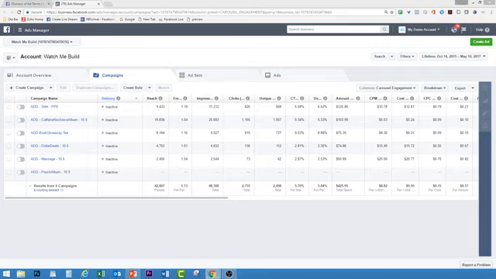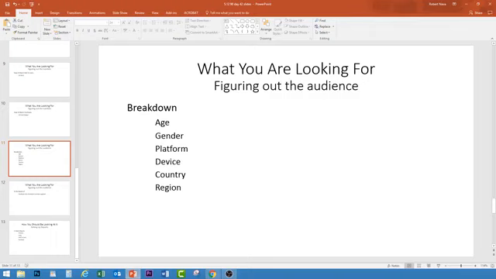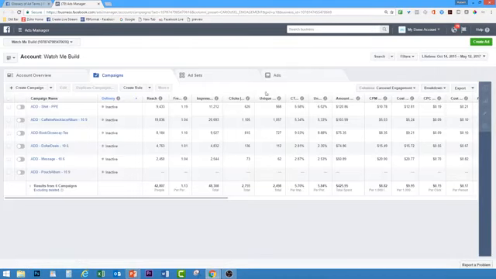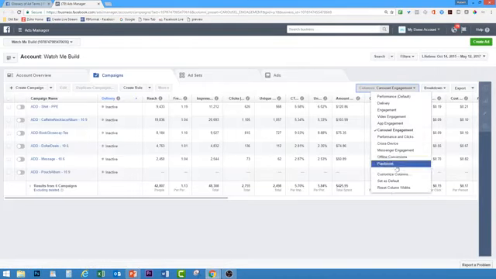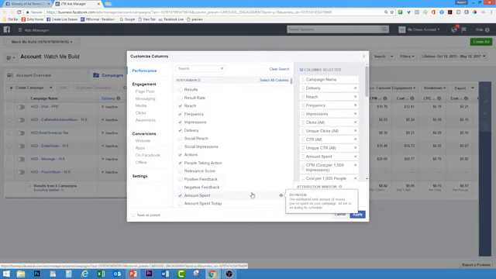Okay, so let's go ahead and, let's see. The first one I had was primary. Let's go ahead and set that one up. I want to make sure I have primary links, add to carts and purchase. The way you do it is you come over here and you click customize columns, and it brings up this window that allows you to check all of the columns that you want.